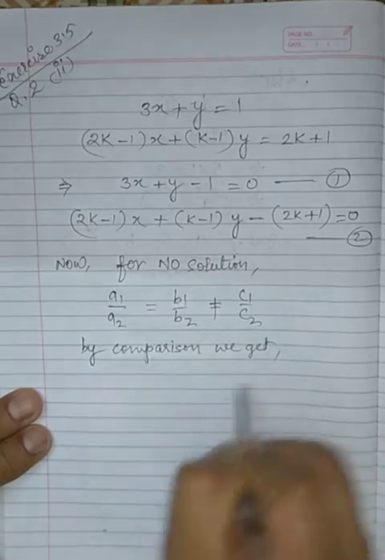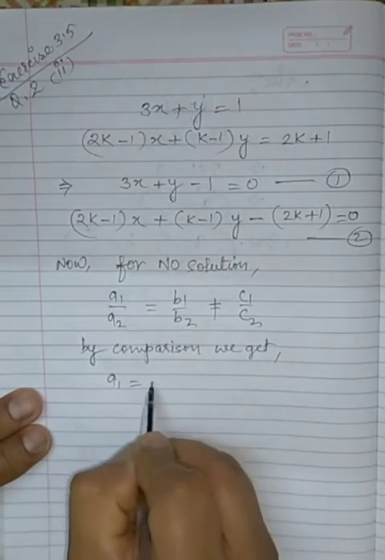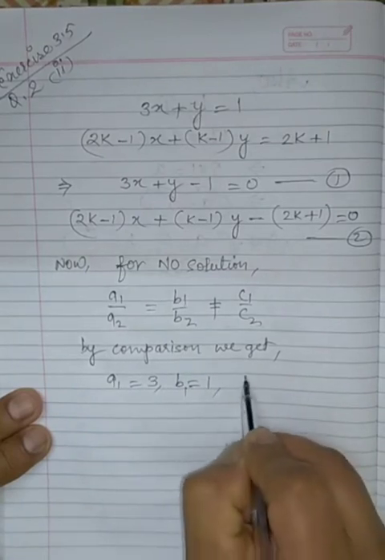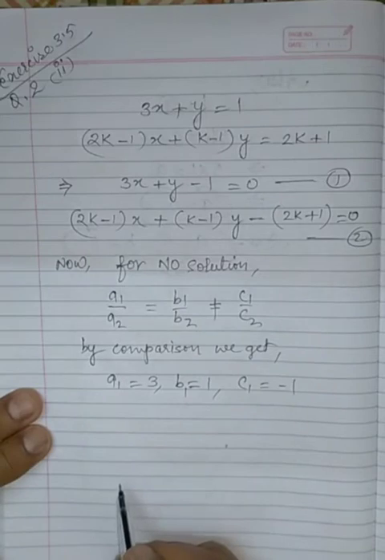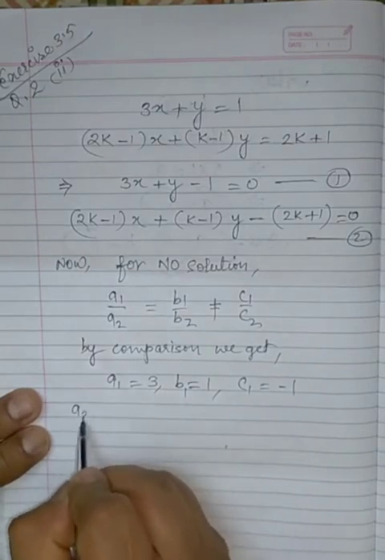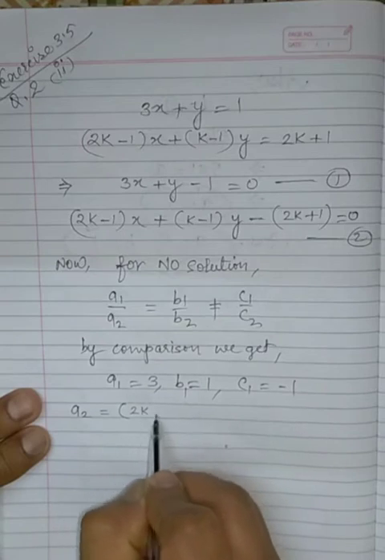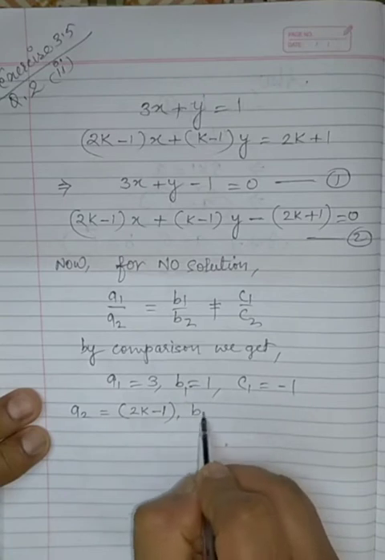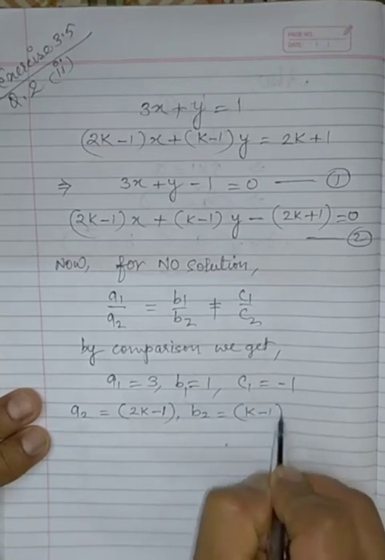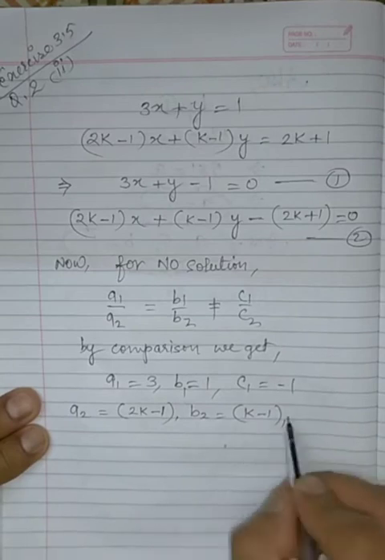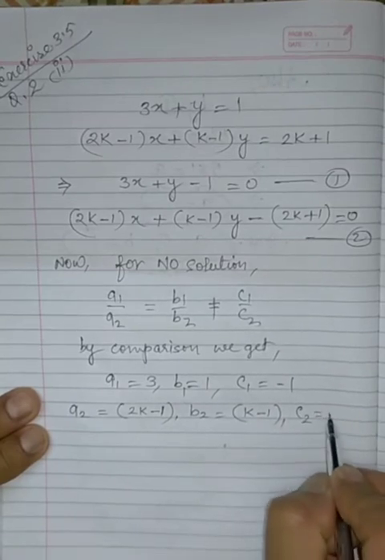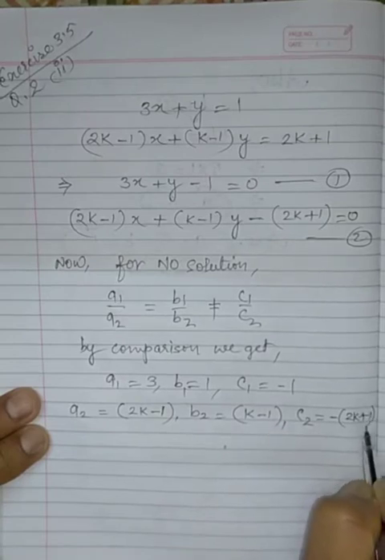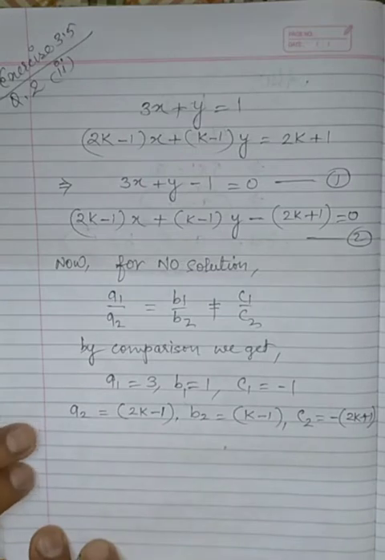So by comparison, we get a1 equal to 3, b1 is equal to 1, c1 is equal to minus 1, and a2 is equal to 2k minus 1, b2 is equal to k minus 1, c2 is equal to minus (2k plus 1).